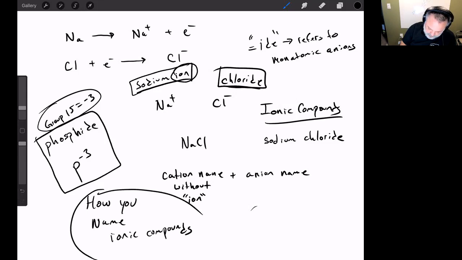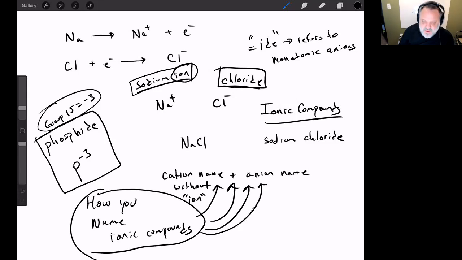This is how you name ionic compounds. It's that simple. You put together the cation name and the anion name, and you take away ion from the cation name. It's that straightforward.